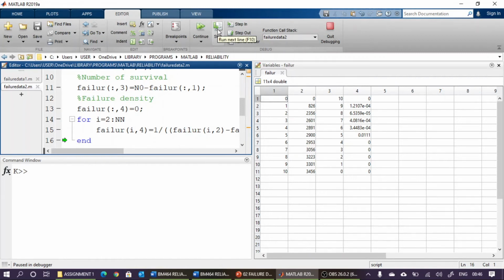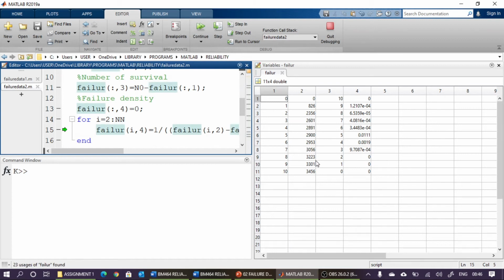So now, during the next one is 1 divided by 2953 minus 2900 into 10. So we have 0.0019. Now the next one is 1 by 3056 minus 2953 into 10. So we have 0.0009.